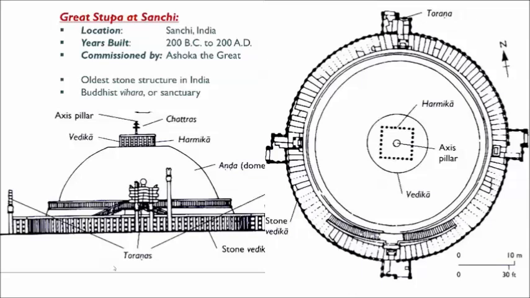This was commissioned by Ashoka the Great and is still the oldest stone structure currently in India. This was originally constructed as a Buddhist sanctuary, often referred to as a vihara, and the Buddha is or was constructed in the middle, and then the sanctuary or the structure is built around it.